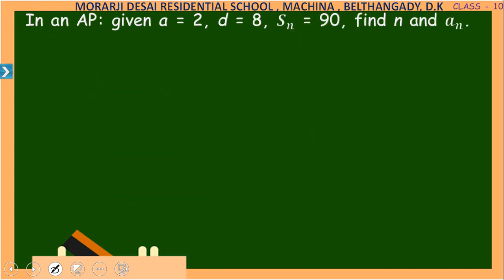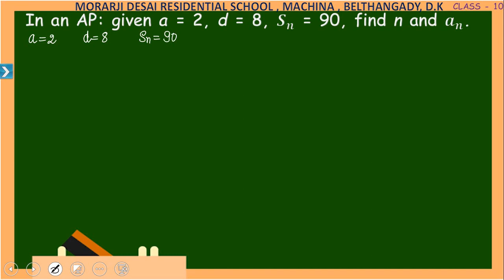Go for next question. In an AP given A is equal to 2, D is equal to 8, Sn is equal to 90, find N and An. What is given here? A is 2, D is 8, Sn is equal to 90.